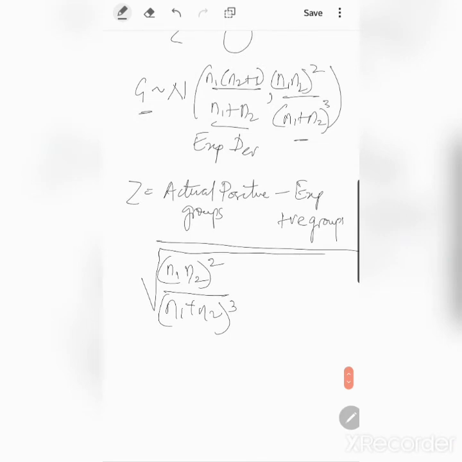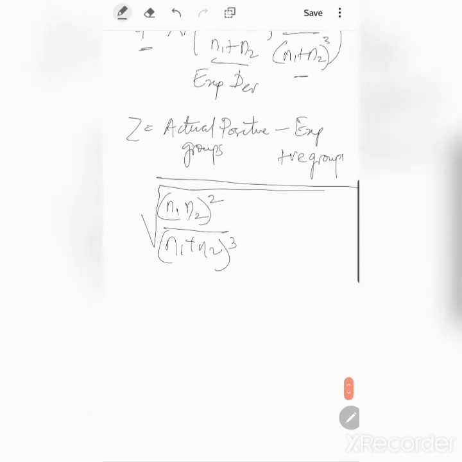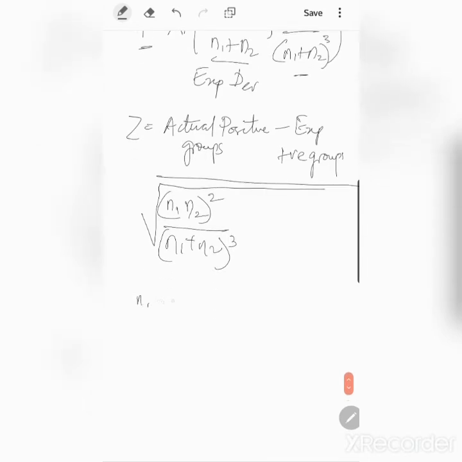So this is what can be very well performed for less than minus 1.96 or greater than plus 1.96. But generally what is advised, if n1 or n2 is greater than 25, then only it's better to use this kind of approximation.